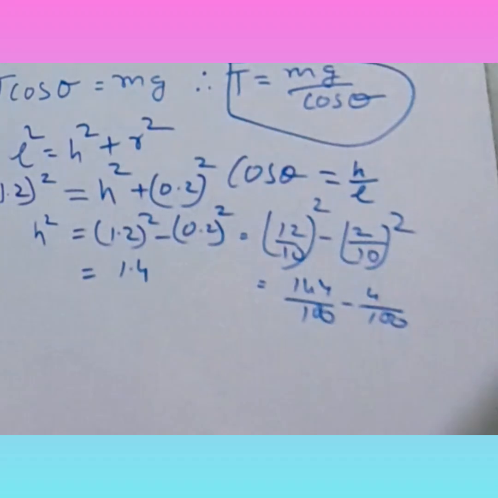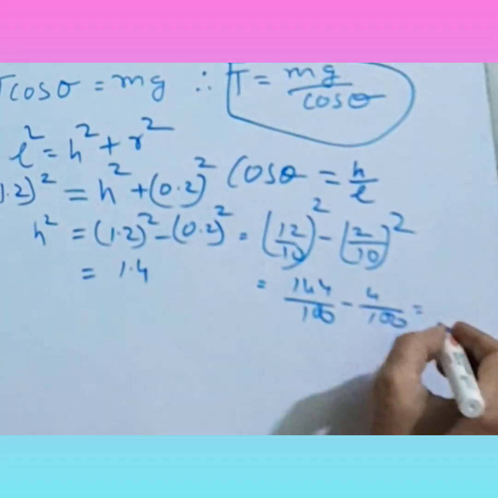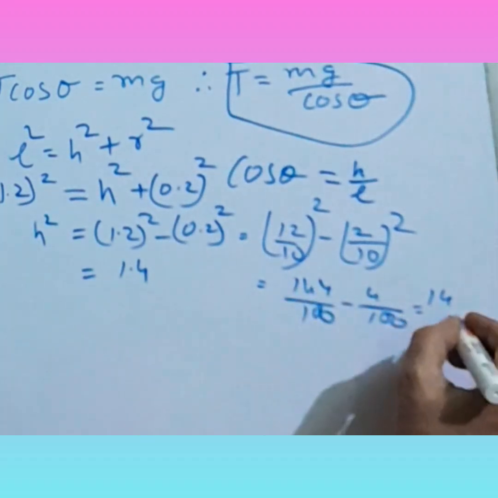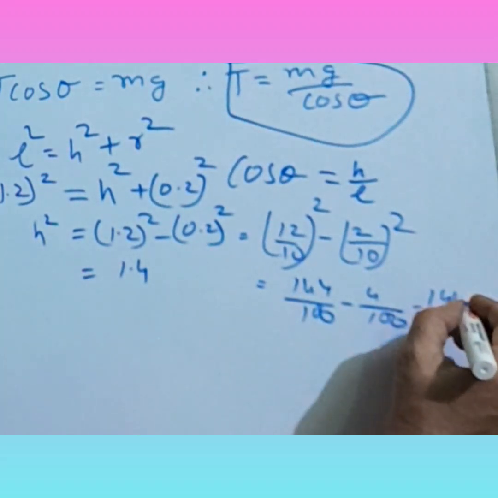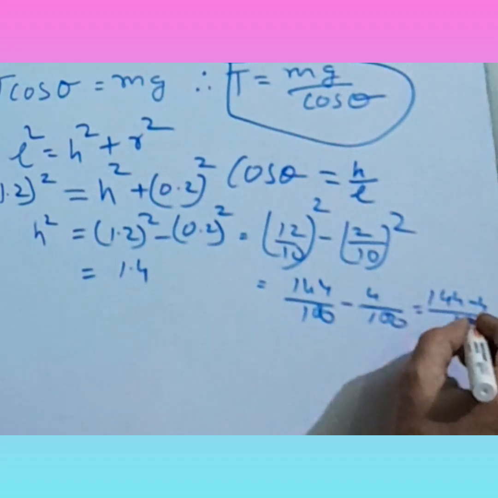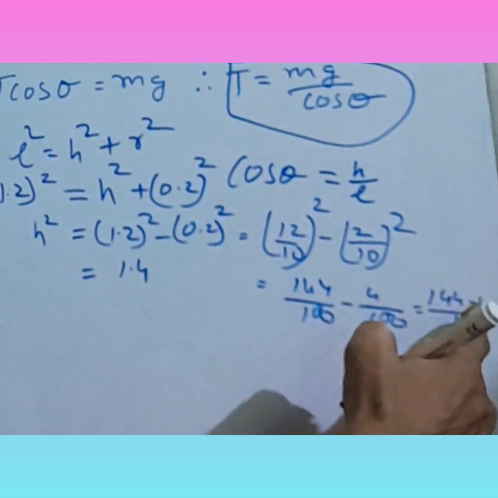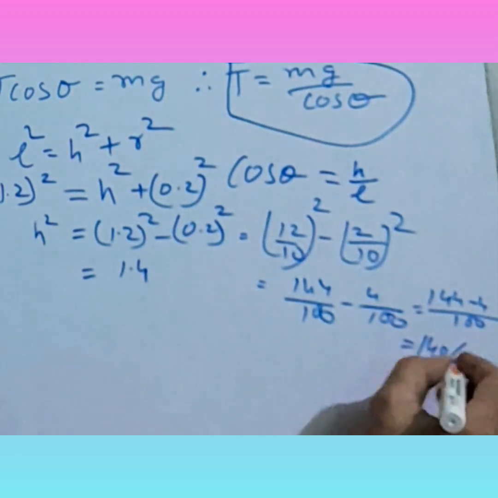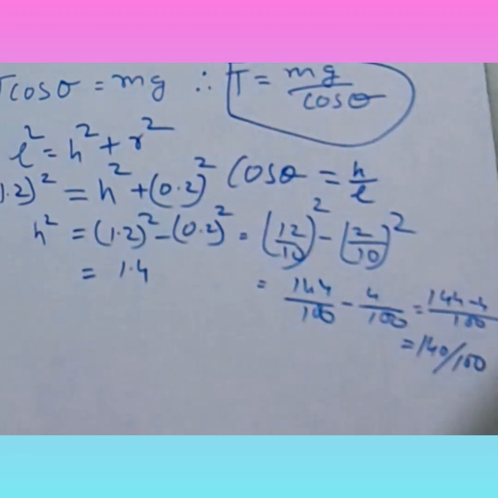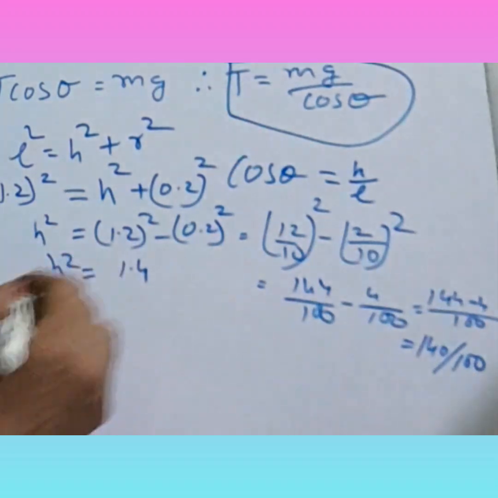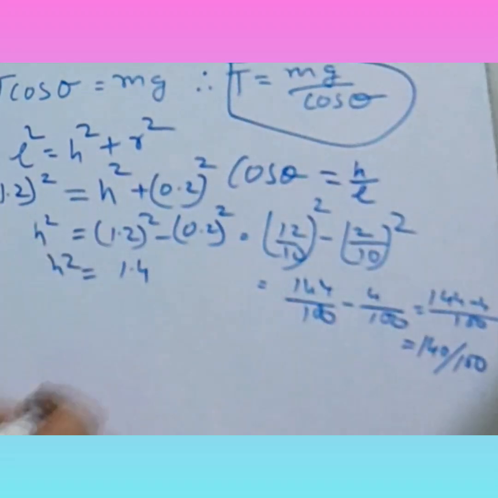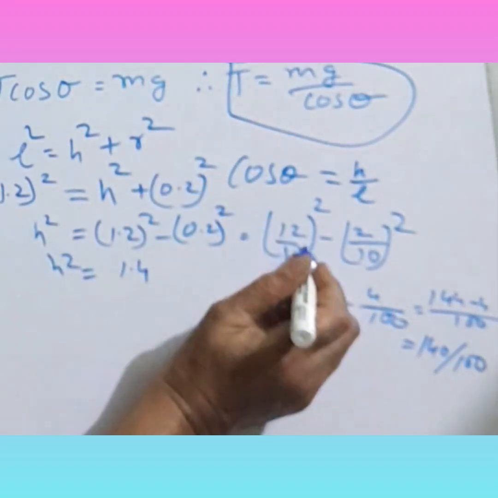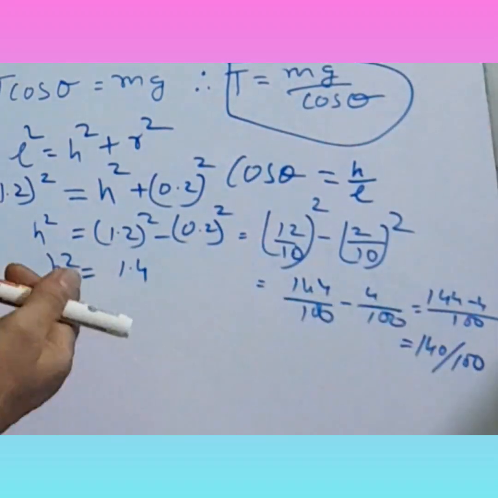Now with the common base, it is 144 minus 4 upon 100. That is 140 upon 100, and that becomes 1.4. So easy, right? What I did is I just removed the decimal by dividing by 10. That's how you get 1.4.